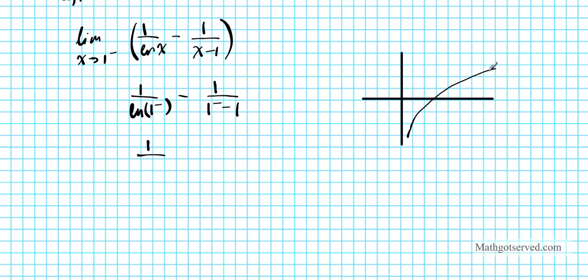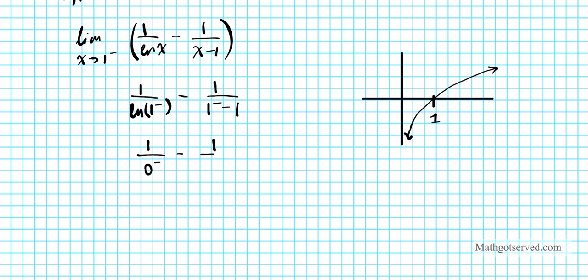I always like to use my graphs to determine the directional limits, and this is 1. As x approaches 1 from the left, y gets really close to 0 from below. So the natural logarithm of 1 from the left is a very small negative number.